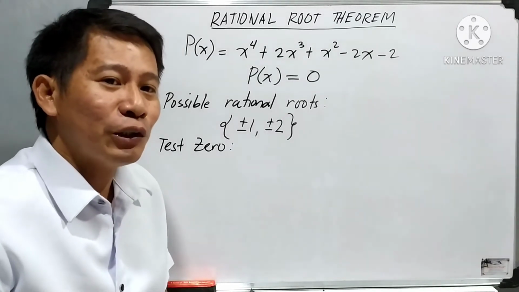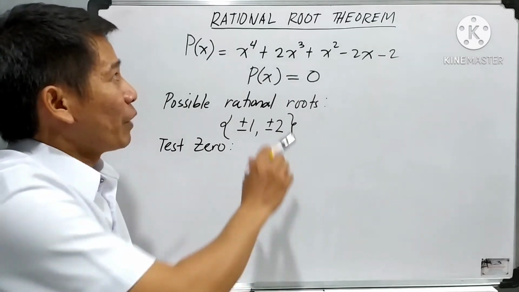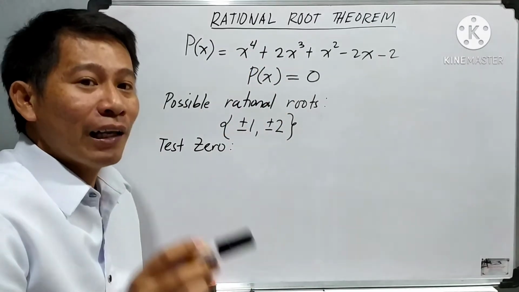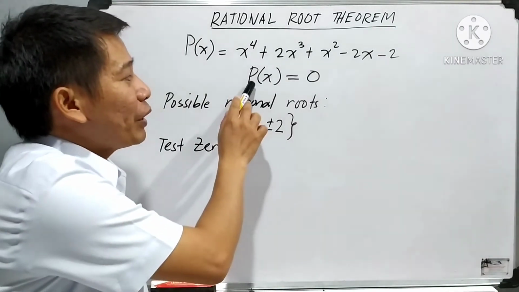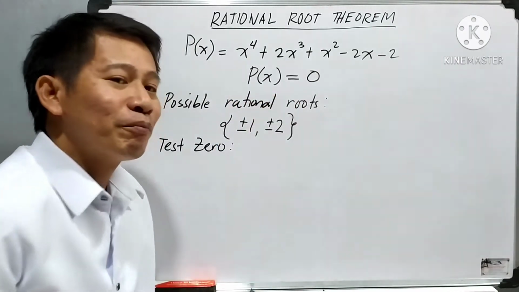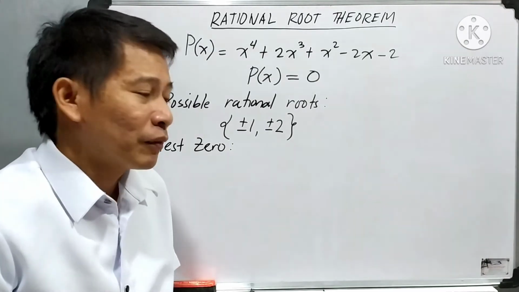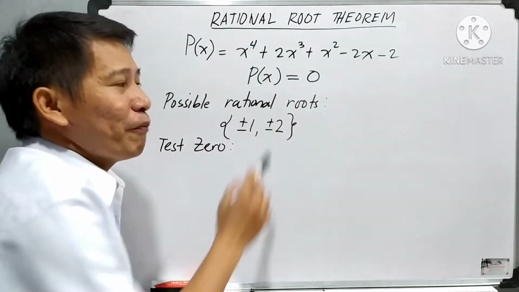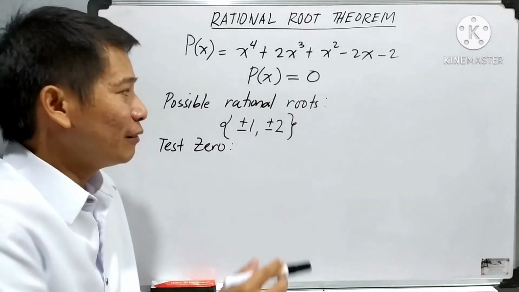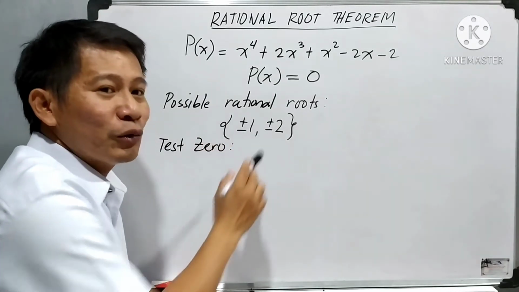Just like what I have told you in my introduction, a rational root is a value of x that will make our p of x equal to 0. In other words, we will evaluate our given polynomial p of x using these possible rational roots.